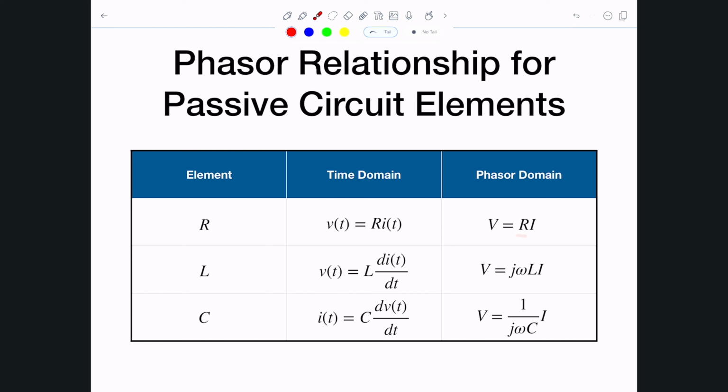The voltage gets voltage, the current gets current, but R stays as R. For the inductor, voltage goes to voltage, and the derivative of the current we just deal with as a current, but instead of L we multiply by j omega L. And for the capacitor, we have the voltage and the current, and we have 1 over j omega C as the impedance.